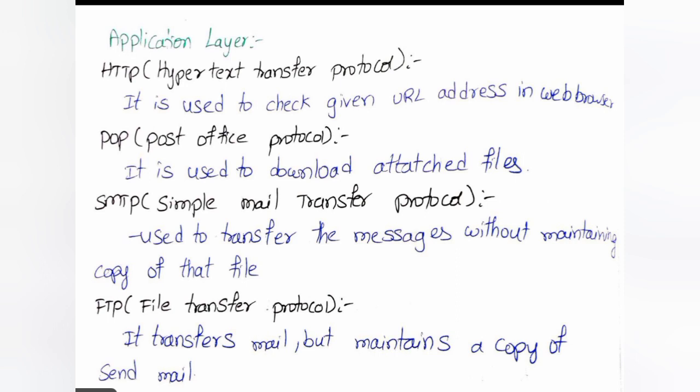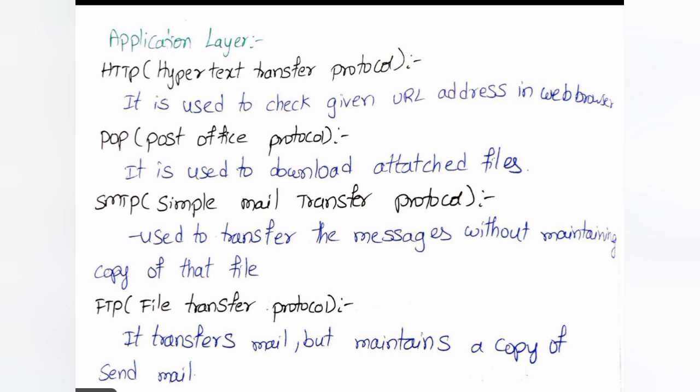Normally if you want to search a particular website, then you will type HTTP followed by the website name. So what is HTTP here? Hypertext Transfer Protocol. It will check the given URL address in the web browser.